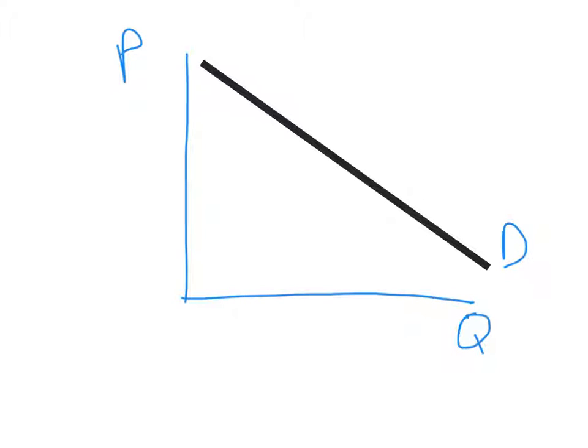So, we've thought about the law of diminishing marginal utility and the rational spending rule. And the last thing I'd like to say is that this gives us another reason why demand curves slope downward.